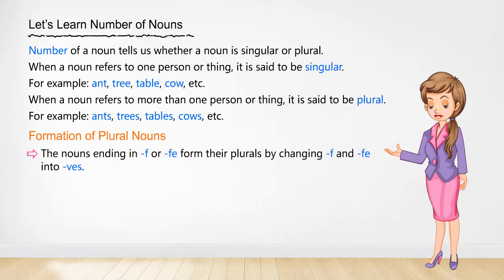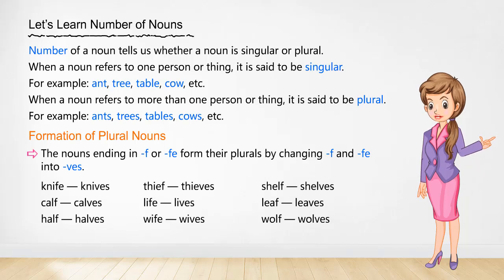The nouns ending in f or fe form their plurals by changing f and fe into ves. Knife, knives; calf, calves; half, halves; thief, thieves; life, lives; wife, wives; shelf, shelves; leaf, leaves; wolf, wolves.